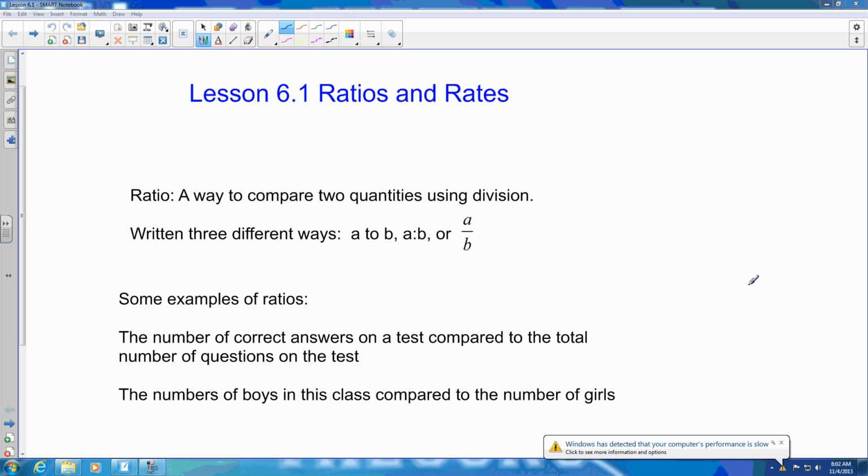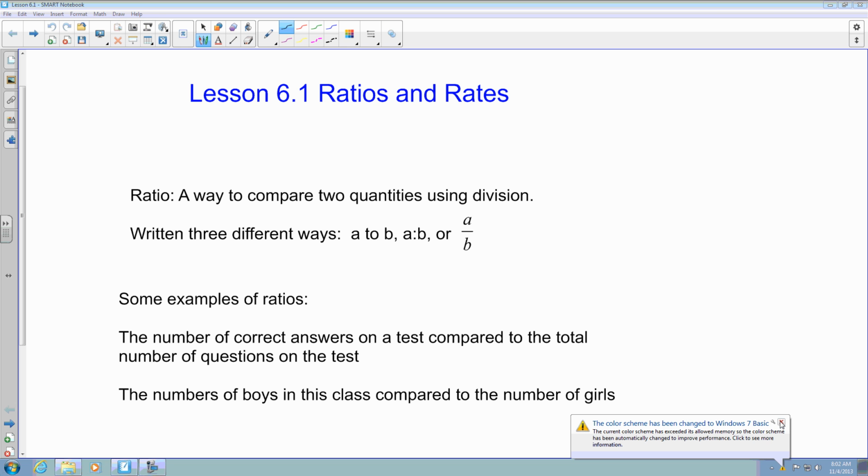Examples of some ratios like we have written on the board here. One can be the number of correct answers on a test compared to the number of total questions on the test, and that gets you a percentage or points. Another would be the number of boys in a class compared to the number of girls.